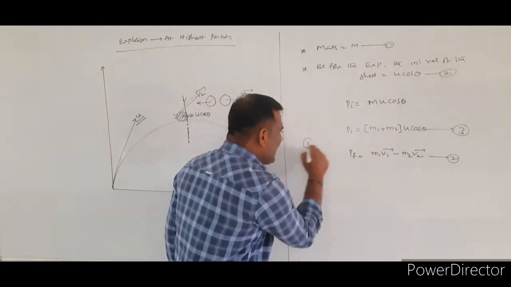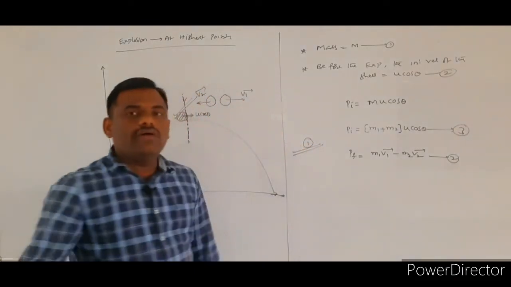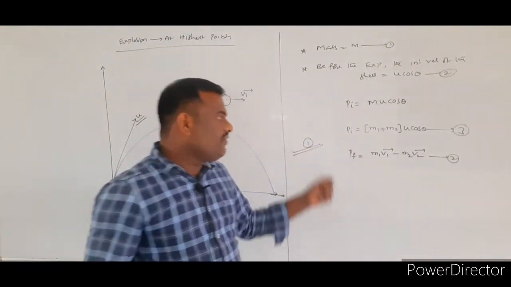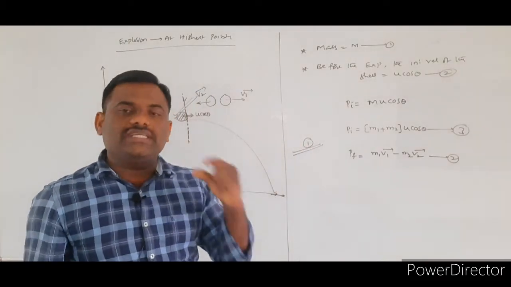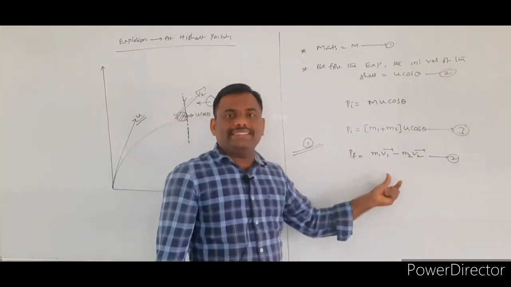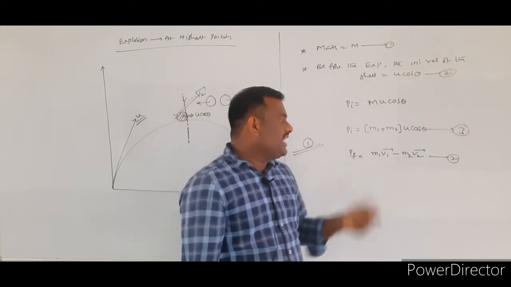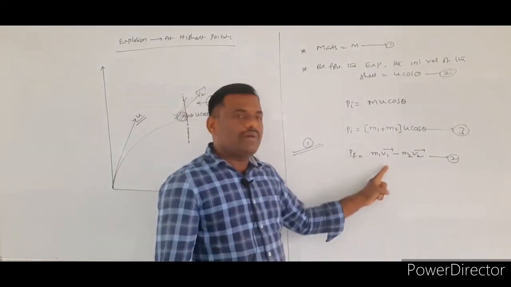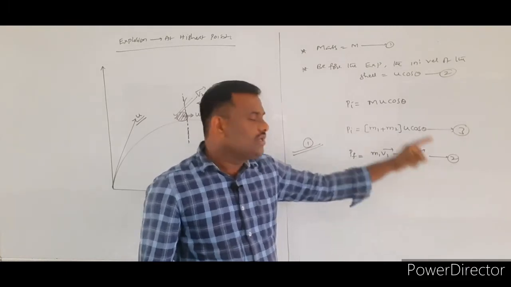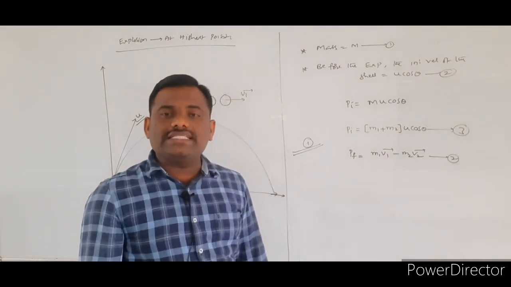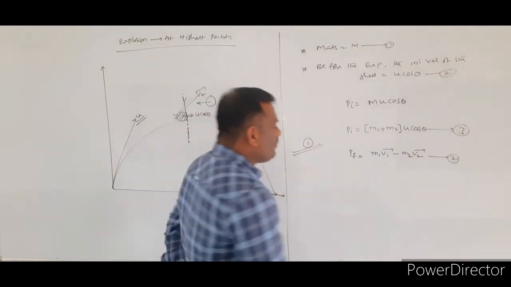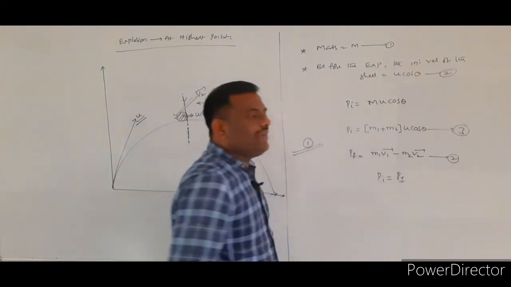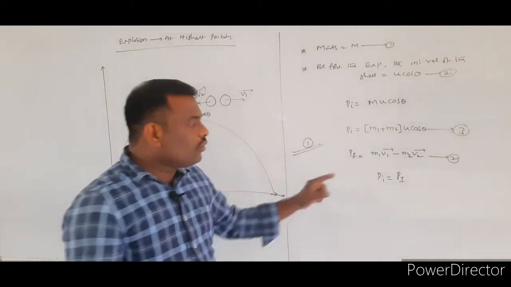This is case 1, where we assume the two pieces travel in opposite directions, and the final momentum is M1 V1 bar minus M2 V2 bar. According to the law of conservation of linear momentum, the total initial momentum of the system is equal to the total final momentum.